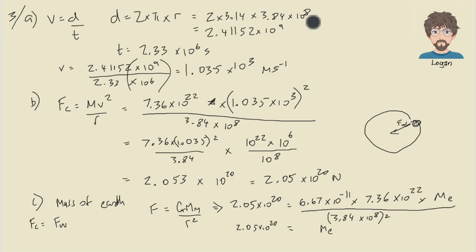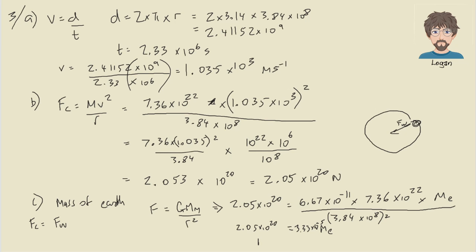And then I'm going to divide that by 3.84 exponent 8 squared equals, and I get 3.33, times 10 to the negative 5. Right, that's what I'm getting.